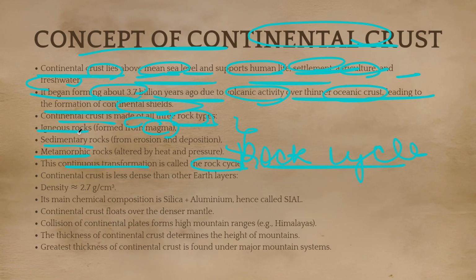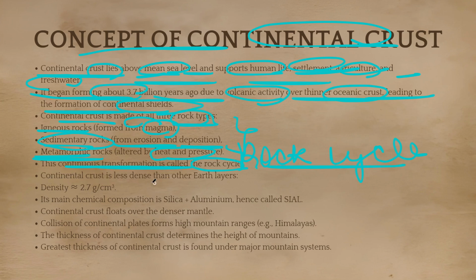Igneous rocks get eroded and deposited and form the sedimentary rocks, and then the sedimentary rocks, when they experience high heat and pressure, form the metamorphic rocks. Okay, this continuous transformation is called the rock cycle.